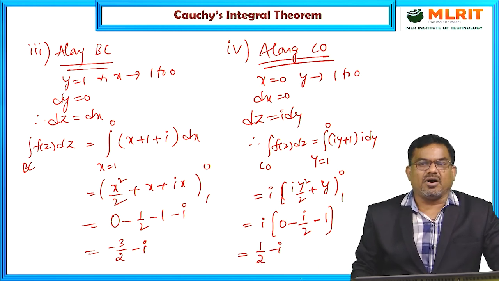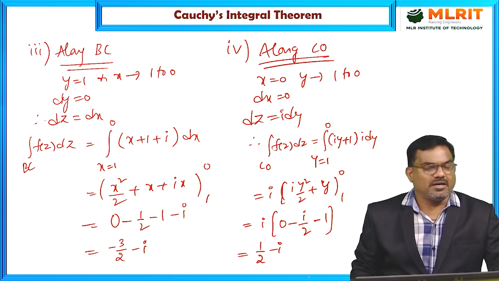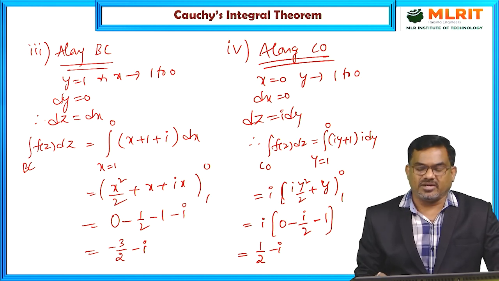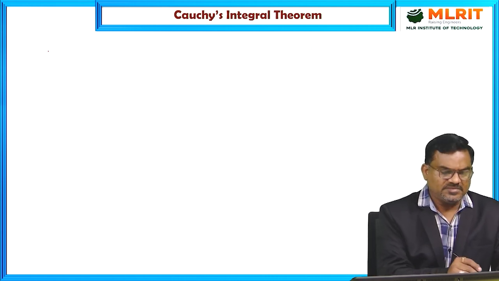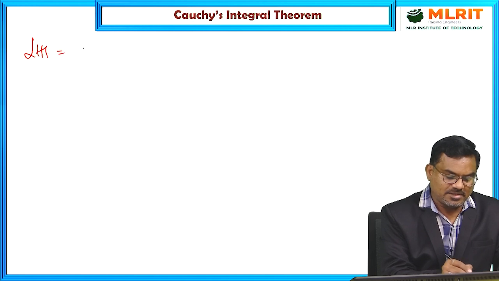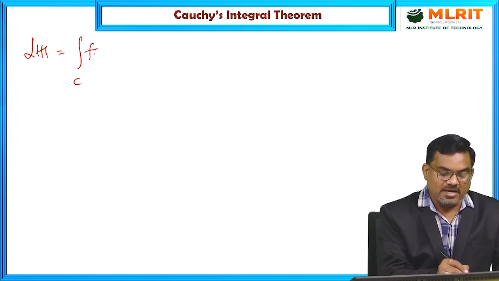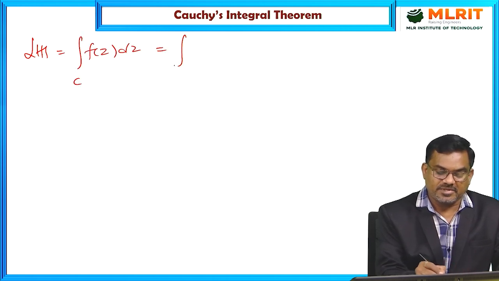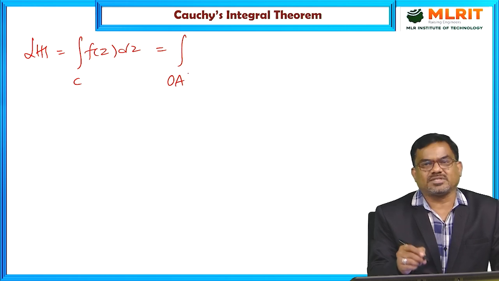So, we have all the four line integrals along each side of the square. Hence, the LHS is the line integral along C f of z dz, which is along four sides of the square.